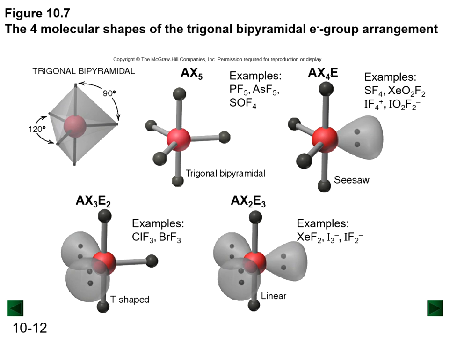We see examples of this: sulfur tetrafluoride, xenon dioxygen difluoride, the iodine tetrafluoride polyatomic ion, and the iodine dioxygen difluoride polyatomic ion. And it's called a seesaw. As you can see, if you take those 4 atoms, the 2 equatorial atoms could, if they're touching on the ground, the axial atoms become the 2 seats on the seesaw.